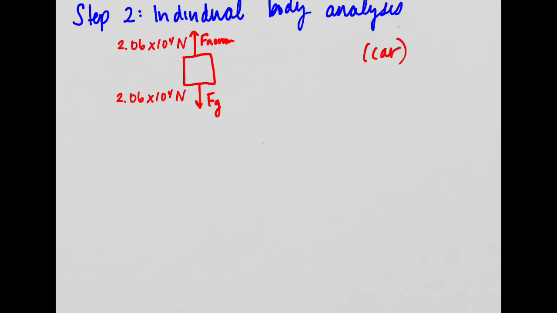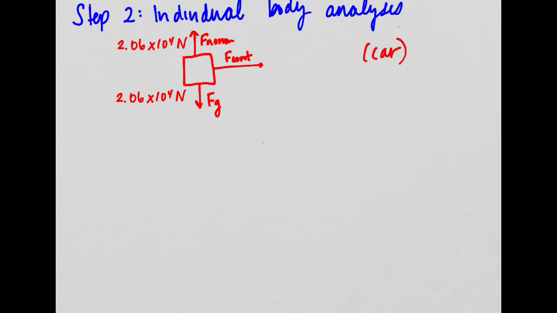And we're not going to write the applied force on the car, but we are going to look at the contact force between the truck and the car. This contact force is what we are going to need to solve for. This is basically our goal, is figuring out what is that contact force, what is the force that exists between the car and the truck.